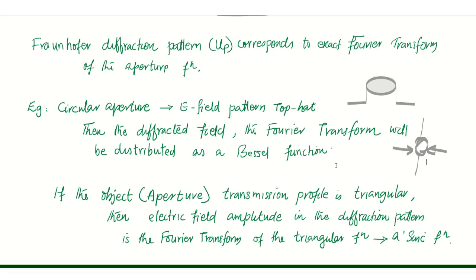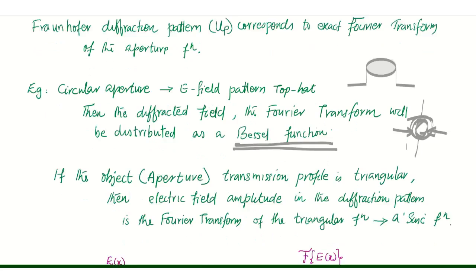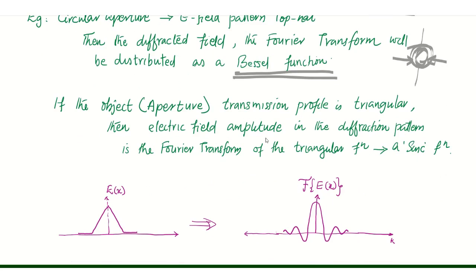And we have seen in the diffraction case that the Fourier transform of a circular aperture, or top hat profile, will be a Bessel function. And suppose you have a triangular profile for the aperture, then this will be transformed into a sinc function.